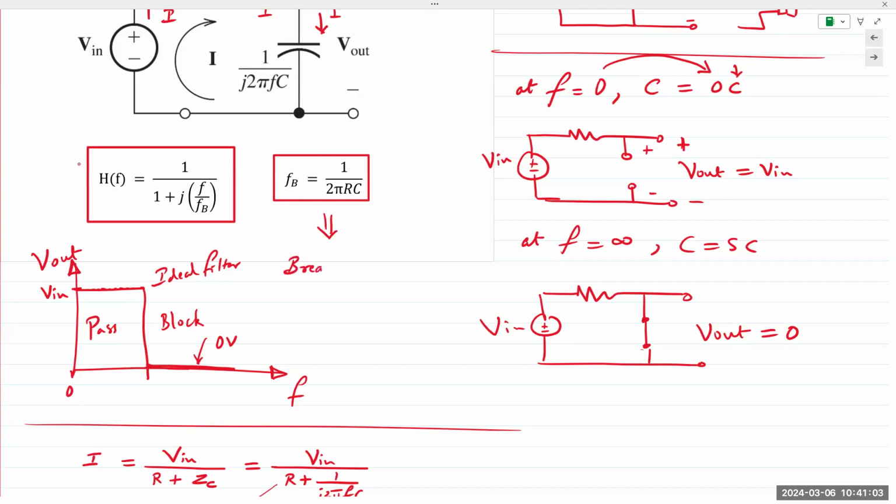So the B comes from break frequency. It is also known as the cutoff frequency, fC, subscript C. So if you take a different class with a different professor, uses a different book, you might come across fC.